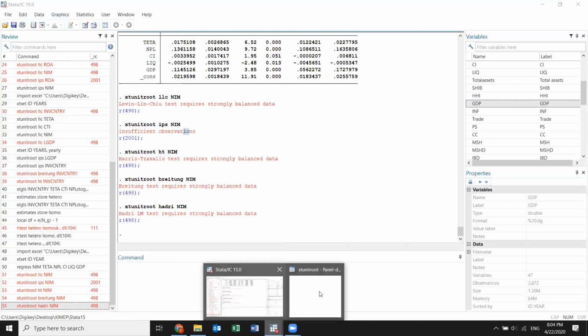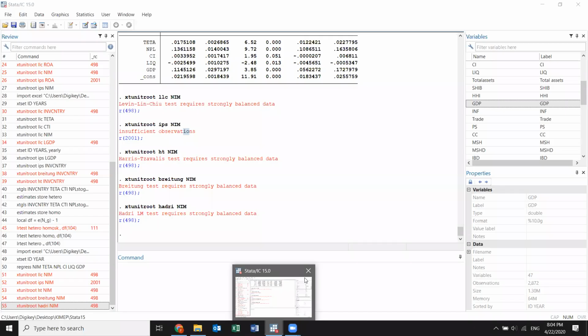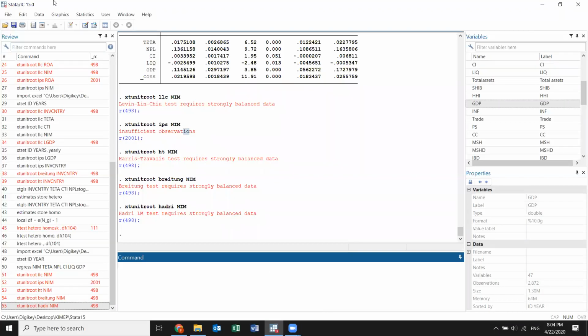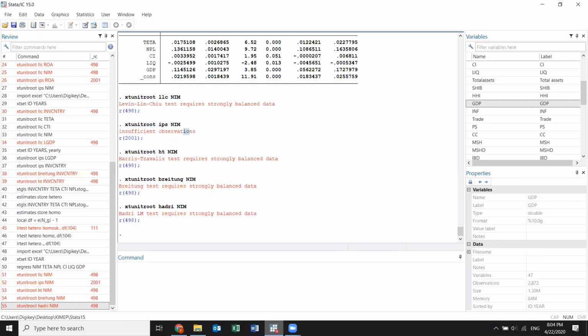So because I'm sharing the screen, it doesn't show up. Okay, anyway. So statistic, panel data, unit root test. You choose the variable, run. That's it. It gives you the results, whether it's stationary or not. If it's significant, it is stationary. If it's not significant, it's not stationary.